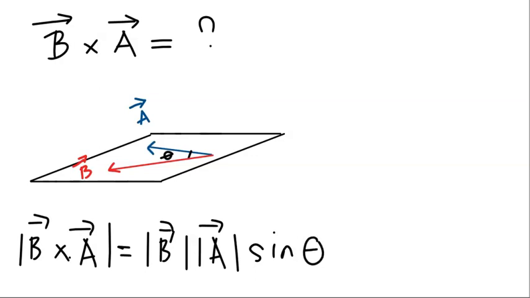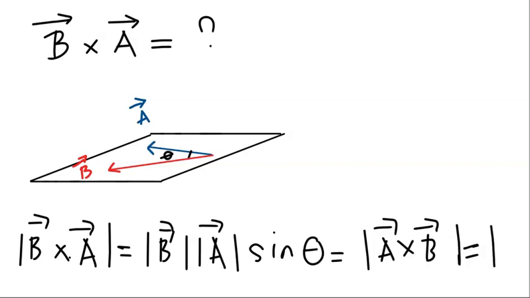So it is the same as the magnitude of a cross b, or what we called the magnitude of c earlier.